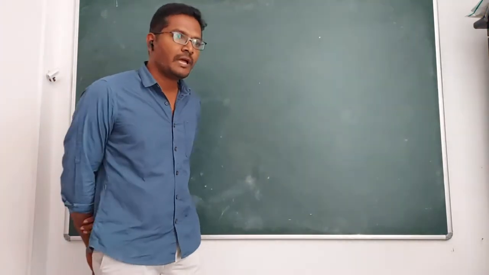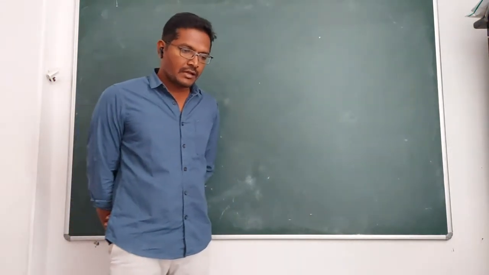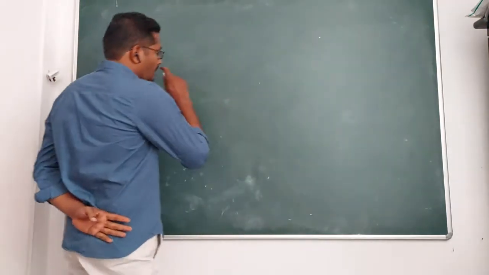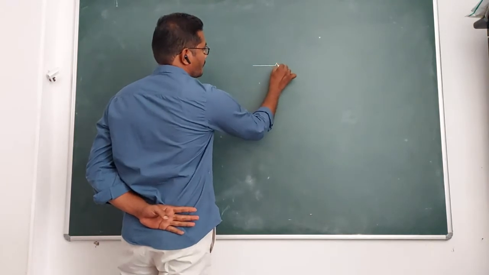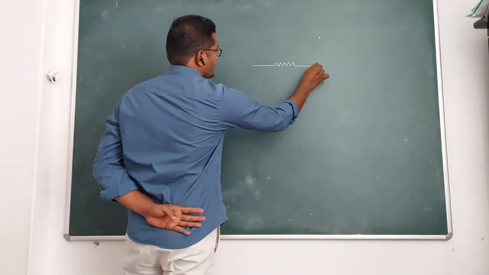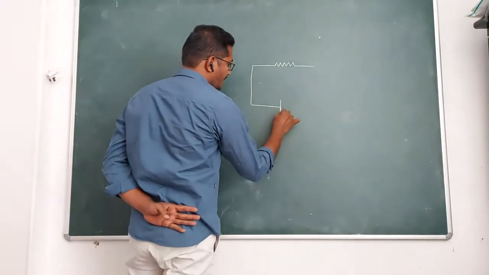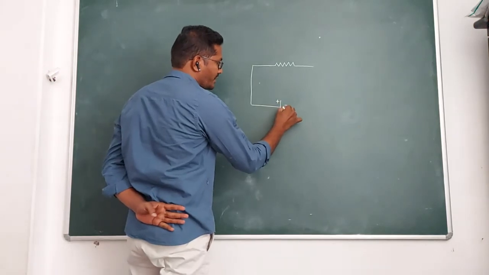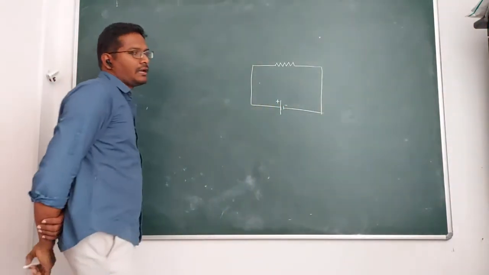Okay, so now I am entering into the new concept, which is cell construction. If there is a circuit which has a resistance, and it is connected to a battery, one terminal is said to be at higher potential and the other at lower potential. When it is connected to a circuit, current moves.